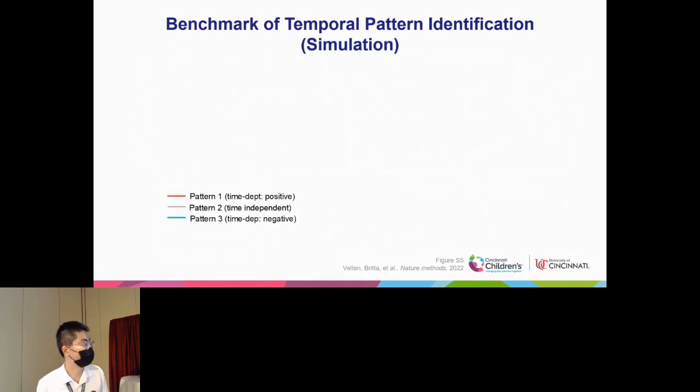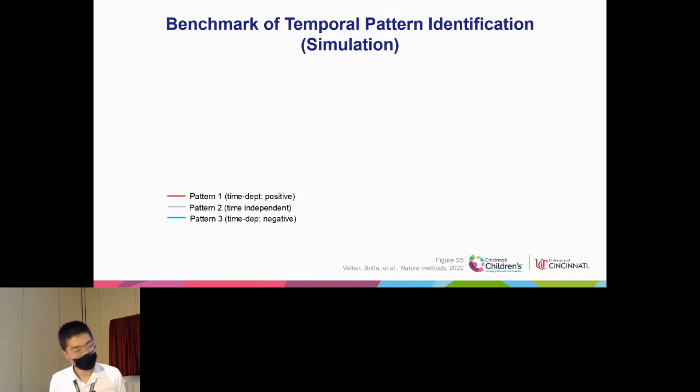This simulation is actually one where I borrowed some ideas from this Nature Methods paper, which is also about the temporal analysis of single cell data. And we built 3 temporal patterns, and each temporal pattern indicates different perturbation responses.